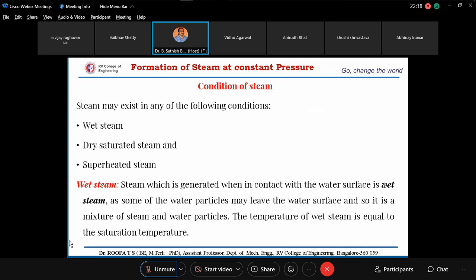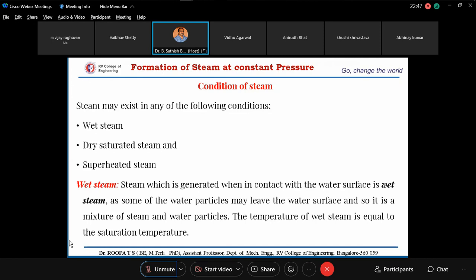Okay. So what is the parameter with which we can understand the wet steam and the dry steam concepts? Which parameter lets me know how much dry or how much wet? Dryness fraction. It is not factor, it is fraction. Okay. Can anyone tell me what is dryness fraction?